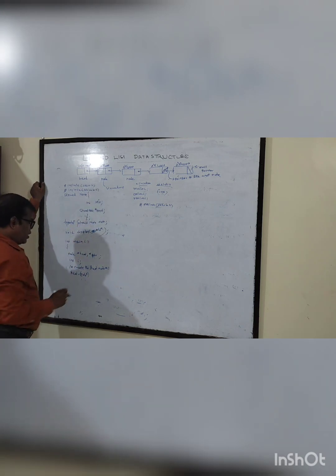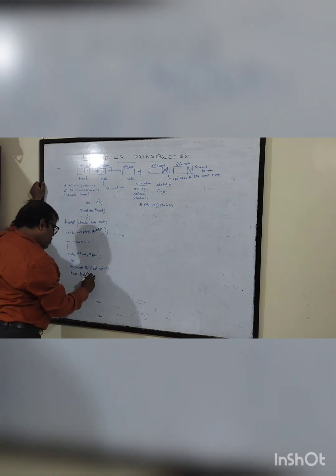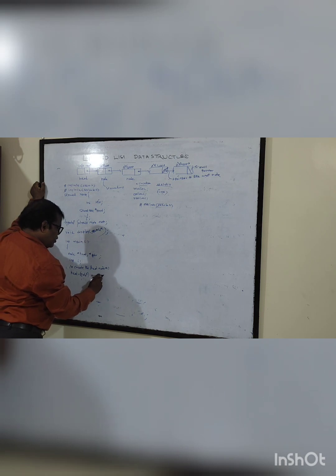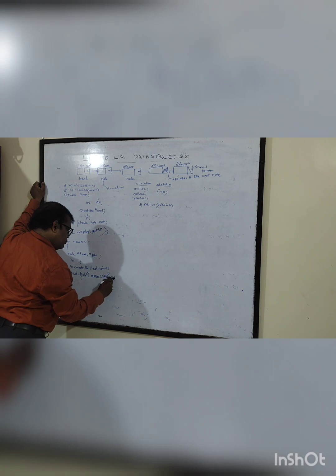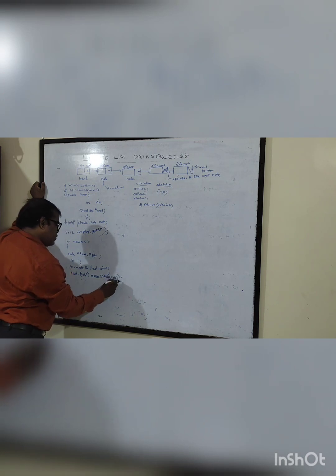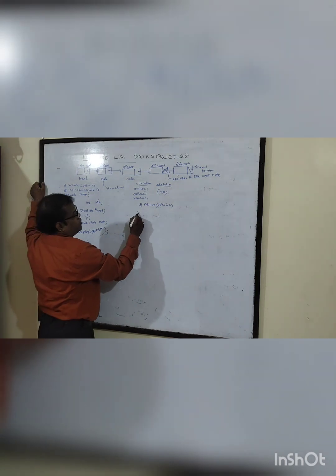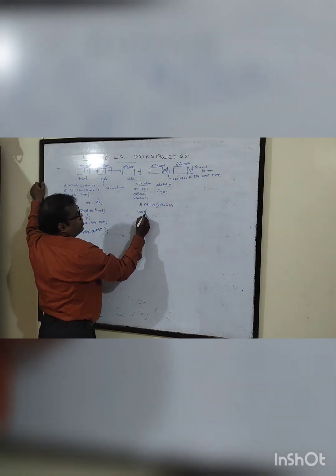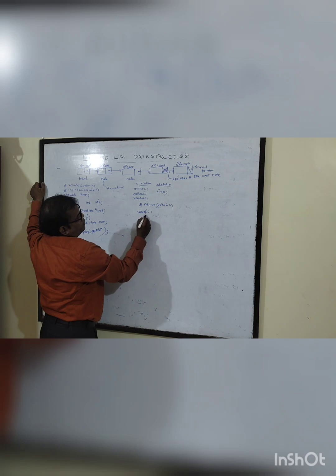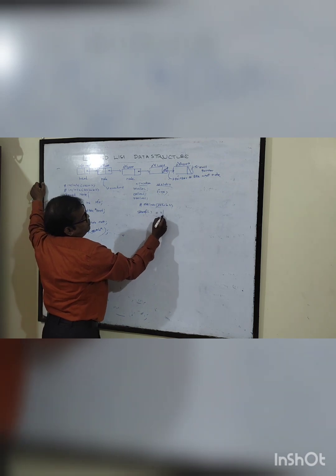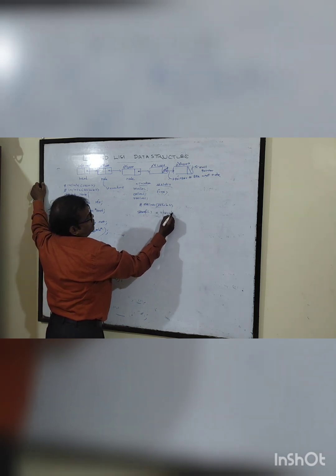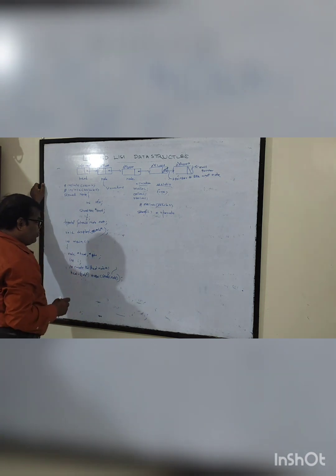So head node star is equal to, right here, malloc. Here we will allocate the size of the node. That's all about that. This is the data type. So we can use the sizeof operator here. We sometimes call it an operator. We will use this sizeof operator to find the size of the node.